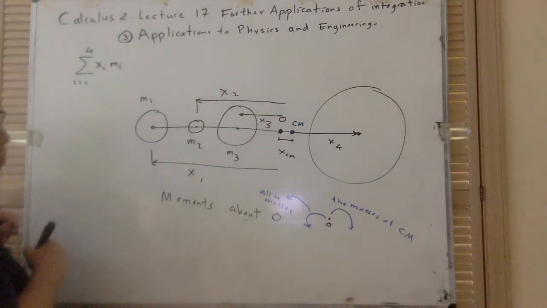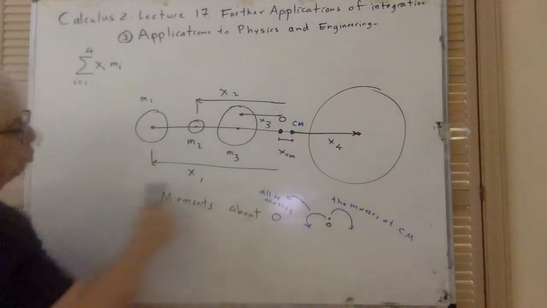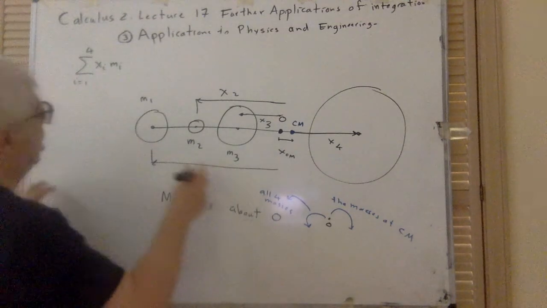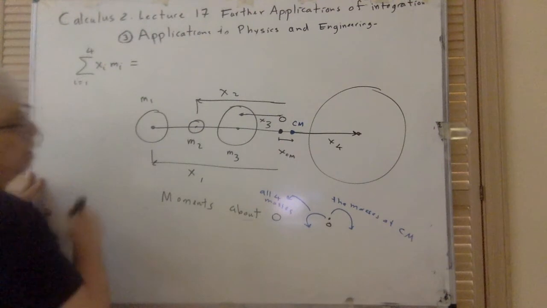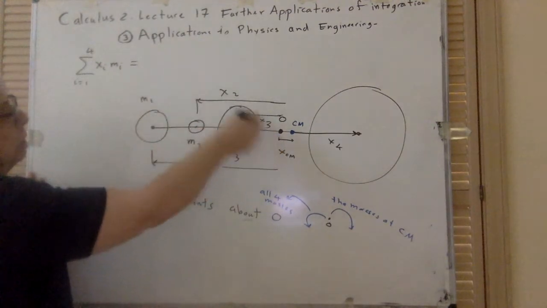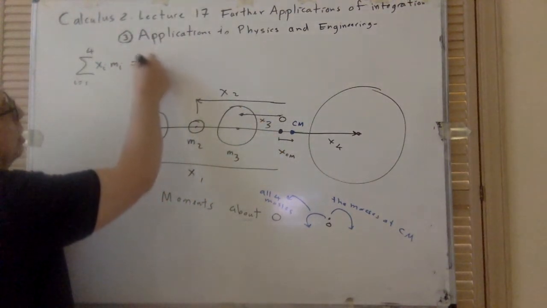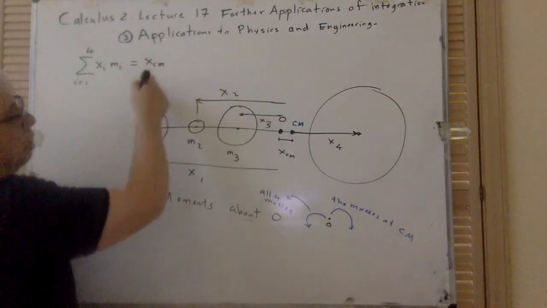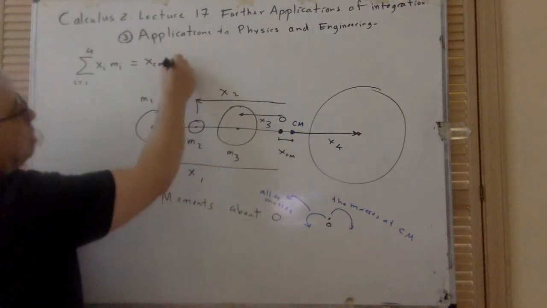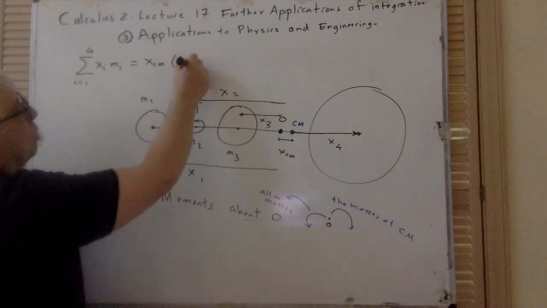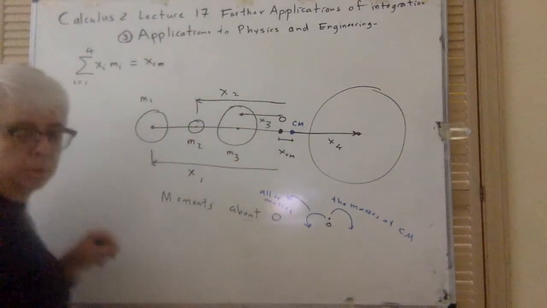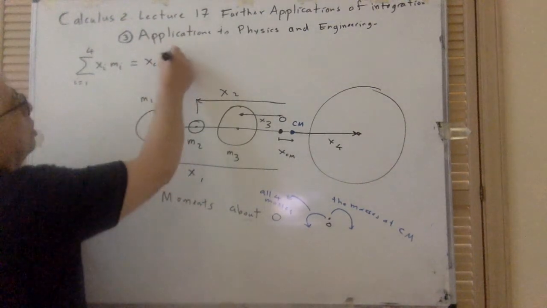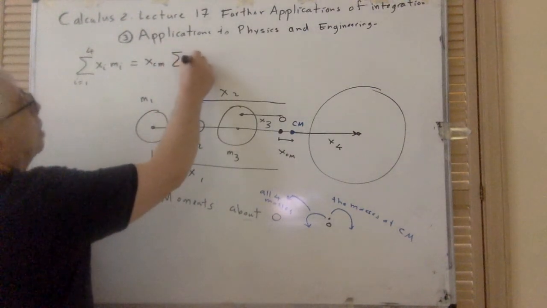That is the sum of all moments about O of these masses. And this should be equal to x_Cm times all the masses gathered here, the sum of m_i.